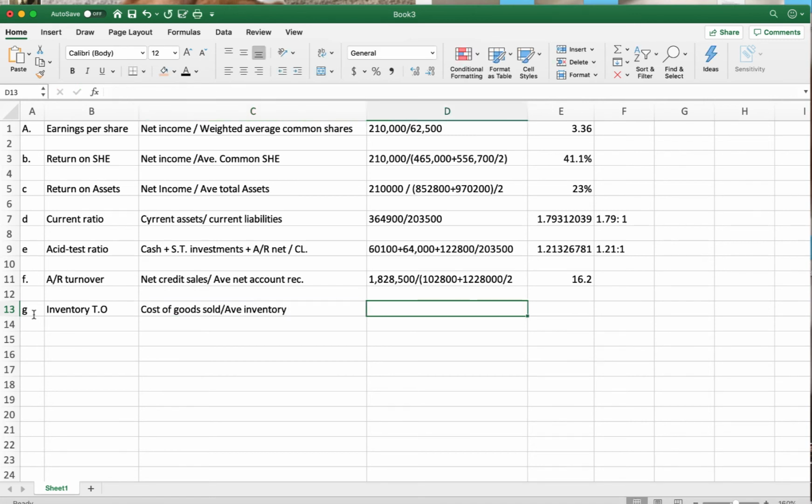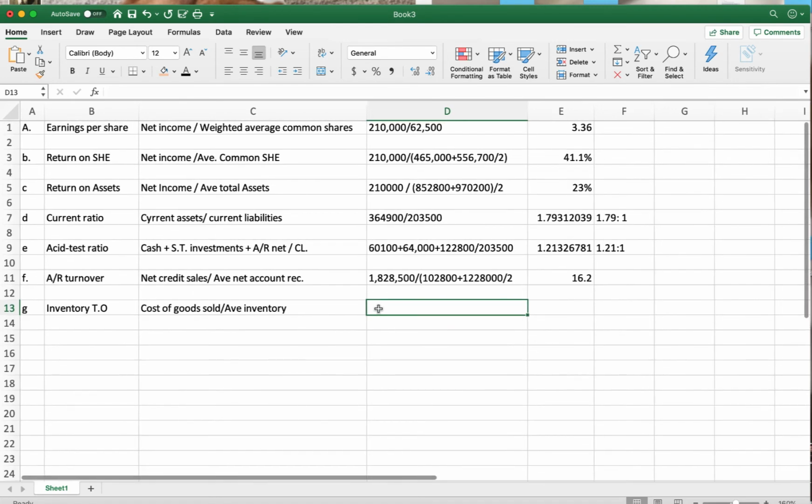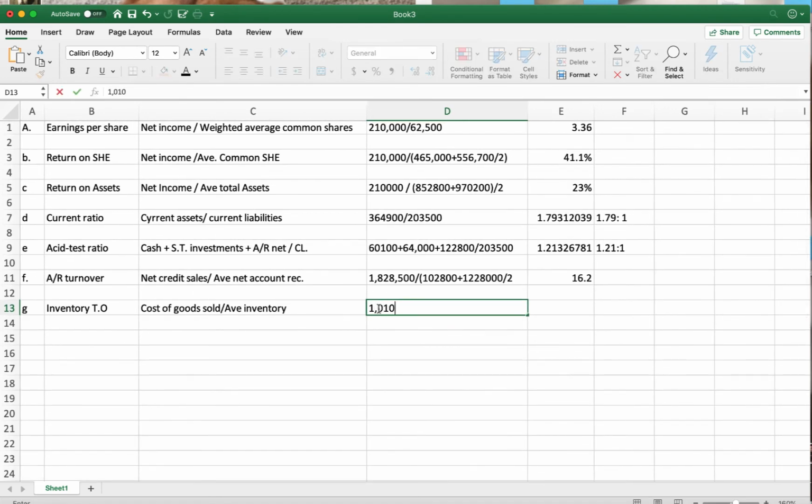So we're measuring inventory turnover, which incidentally measures the liquidity of inventory. So I'm going to go to the income statement, and what I'm going to look for is my cost of goods sold. And we see here that the cost of goods sold are $1,010,500.